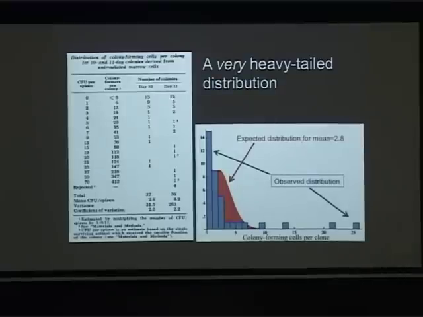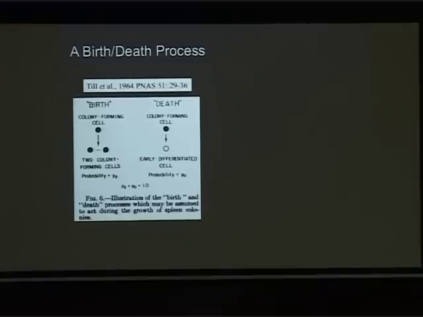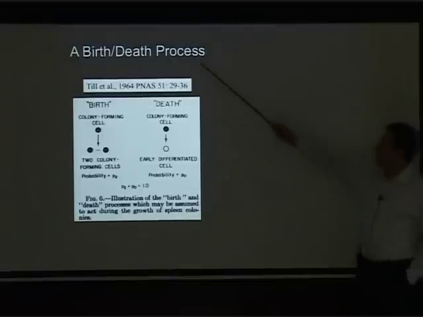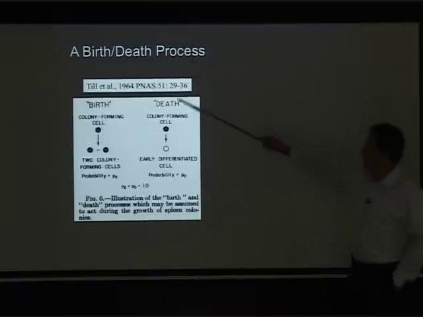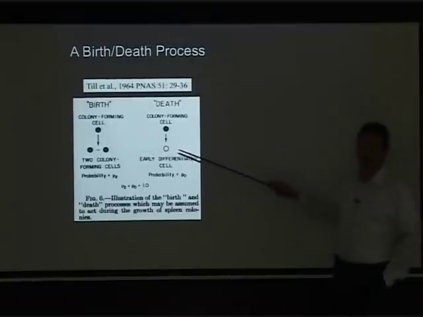And so he didn't stop there and say, well, what a strange heavy-tailed distribution. He actually realized that that distribution arose naturally out of something that Boris talked about a couple of days ago, which is birth-death processes, right? The stochastic processes of random birth and death.